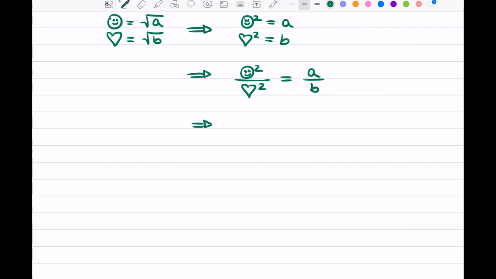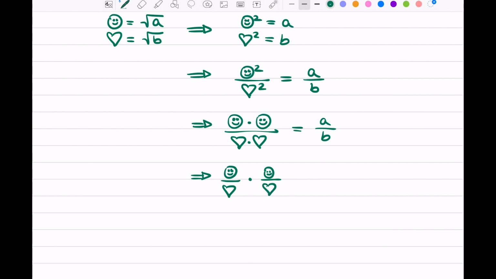We can rewrite the left side as smiley face times smiley face divided by heart times heart. And we can rewrite the left side again as smiley face over heart times smiley face over heart.